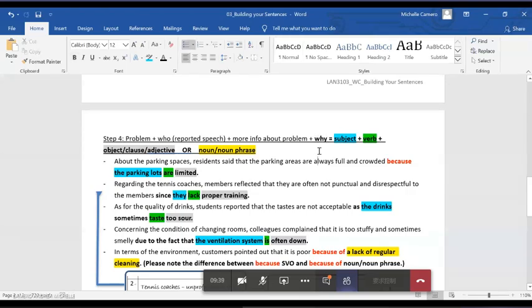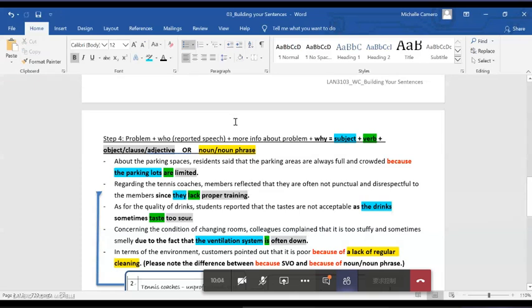If it's subject, verb, object, clause, or adjective, then you're looking at blue, green, and gray, which is here, here, here, and here. If you want to see an example of a noun or noun phrase as a way to give the reason, that is down here in yellow.